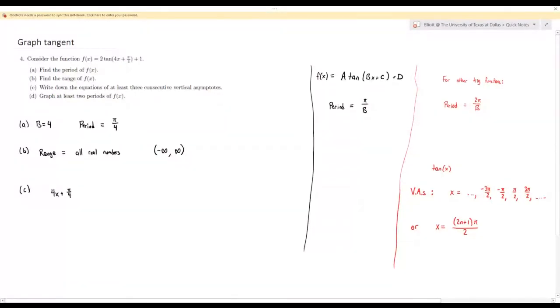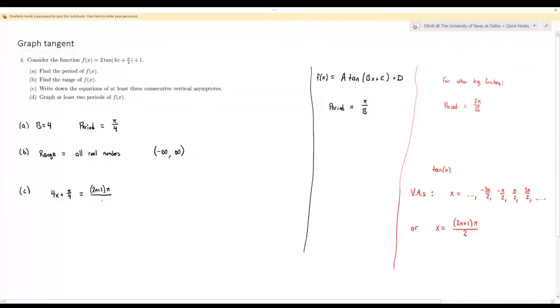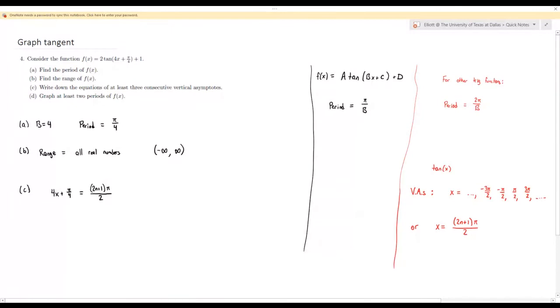Whatever is inside of your tangent function, you set that equal to the general formula that we had for the vertical asymptotes for the ordinary tangent function. And then if you rearrange this equation and solve for x, that's going to give you where all the vertical asymptotes are for your function, okay?